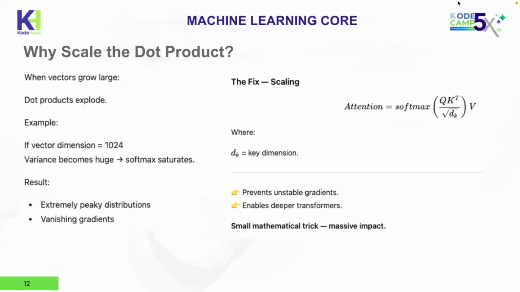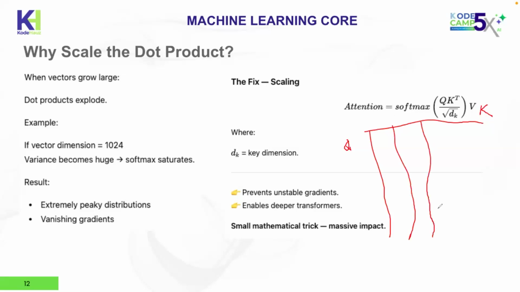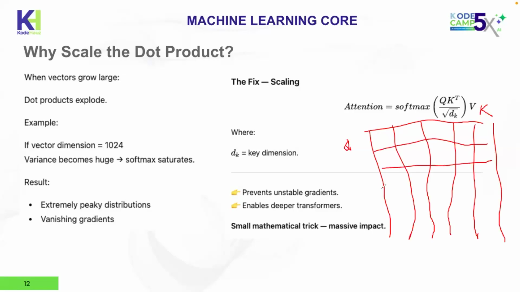So let me do a little bit of a sketch here. This is normally how attention looks, right? You have Q on one side and K on the other, and think of this like a table, or a matrix of Qs and Ks, and then you're going to have values in it.